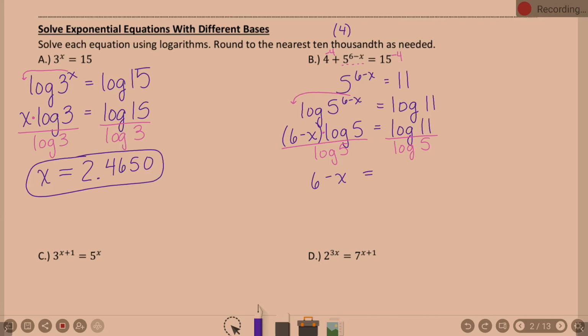Here's what I'm going to do. I'll get the decimal later, if you guys don't mind. Okay? Just log 11 divided by log 5. It's a number, right? Just think of it as a number. How do we solve for x? How do I get x by itself here?